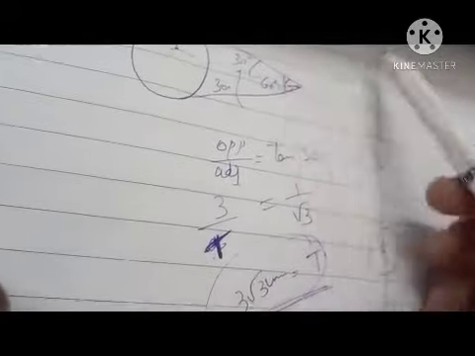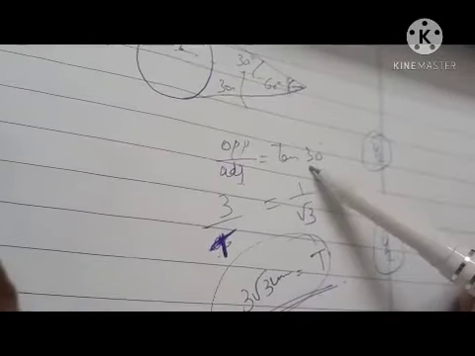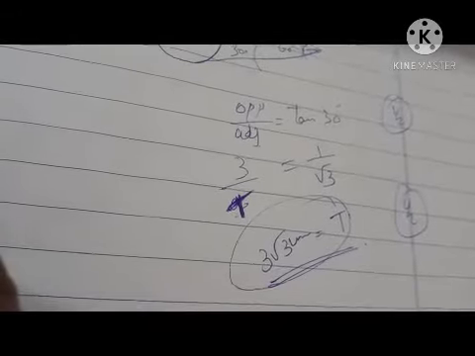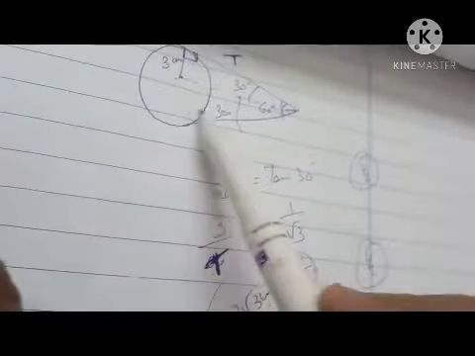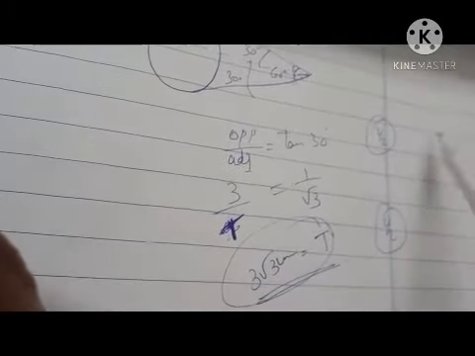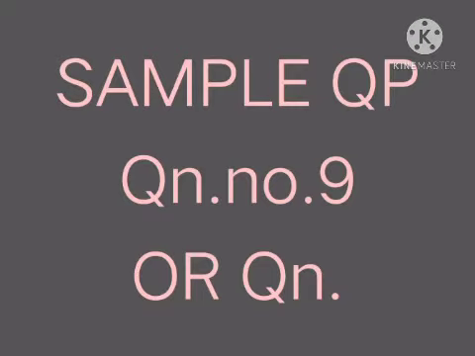No mark for the figure and all, but without the figure we can't write this. Together it is only a 1 mark question. So no need to draw this figure using compass and all. You can just draw with a pen and find it in the working column. It's enough.